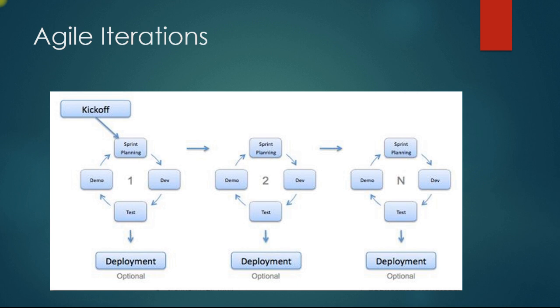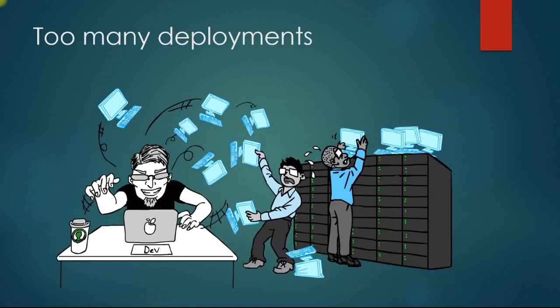But before that also there are other deployments, deploying your product or your artifact or your code to the test environment, QA environment, staging environment, UAT environment. So there are really too many deployments, that is, deployment requests sent by the developers to the operations team, and that really is a nightmare.